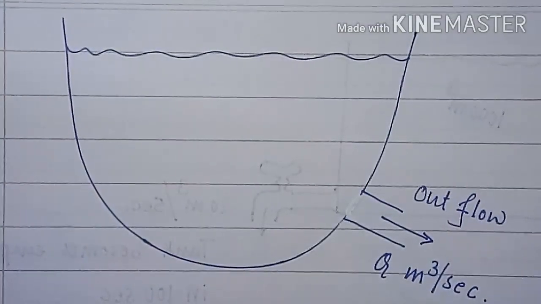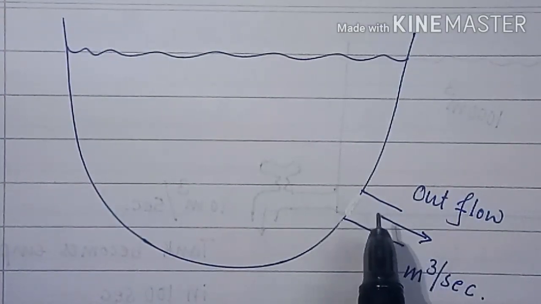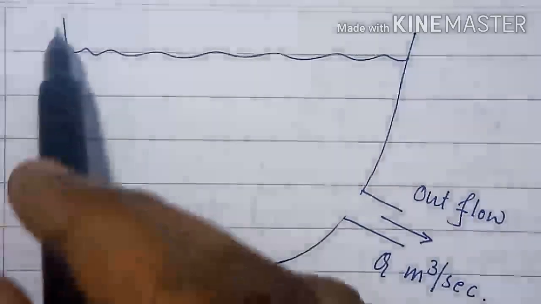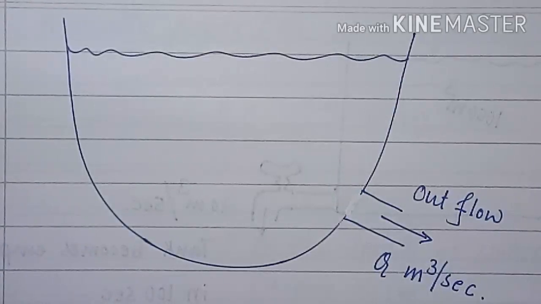To understand what is flow duration curve, let us consider here a water storage from where the water flows out at a rate of Q meter cube per second.